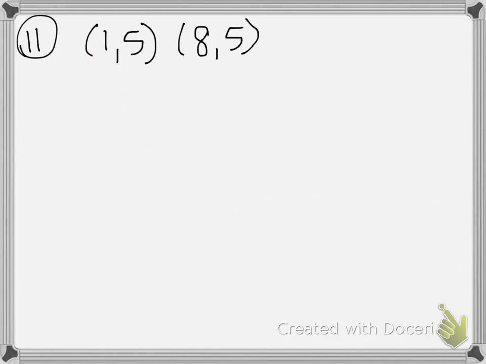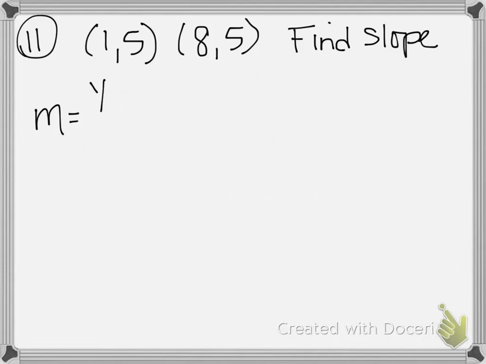Number 11 says find the slope. You'll have a formula sheet and the slope formula is on it. And the slope formula pretty much is you're subtracting your y's in the numerator and subtracting your x's in the denominator.